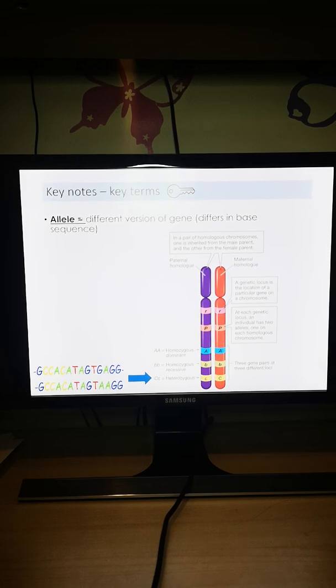So remember, we need an allele definition as well. An allele is a different version of the gene. If we go to gene C here, you can see that this individual has inherited a recessive C from the father on this homologous chromosome and a dominant C from the mother on the other homologous chromosome.